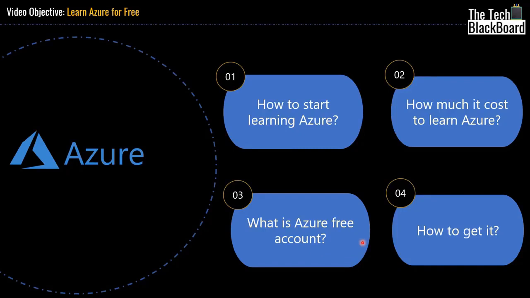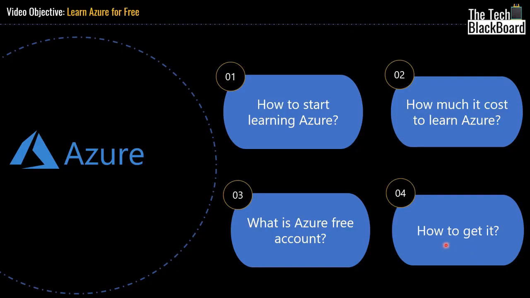It's worth mentioning here that this is true for the other cloud providers as well. For example, AWS and GCP, they also provide you free subscriptions or free account similar to Microsoft. And then I showed you how to create a free Microsoft Azure account. I hope this part will help you kickstart your Microsoft Azure journey.